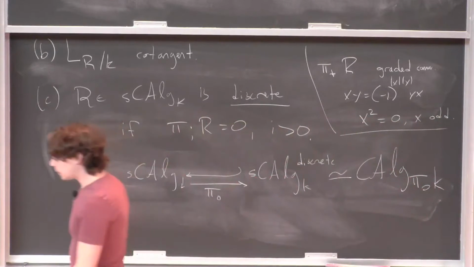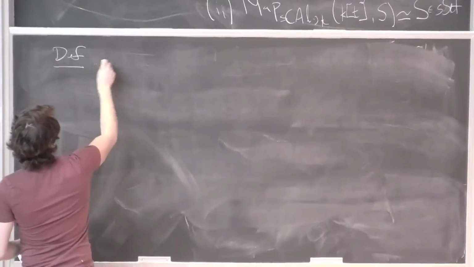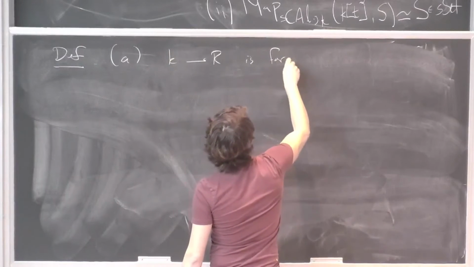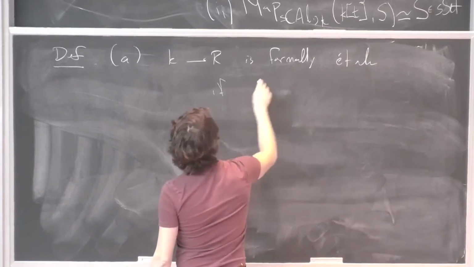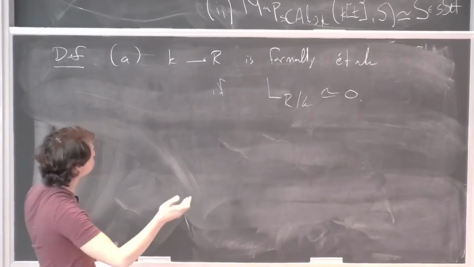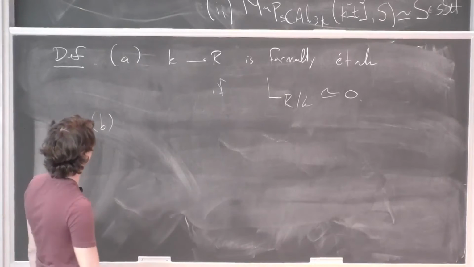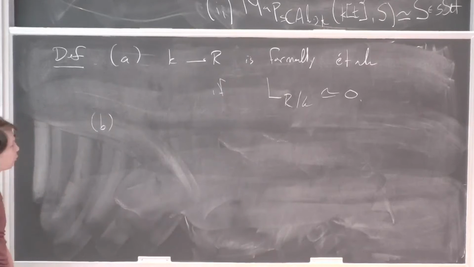So I want to talk about étale maps. The first definition is that K to R is formally étale if L, the cotangent complex, is 0. Okay, so that's just some class of maps. There are probably open questions about what sort of things are actually formally étale.